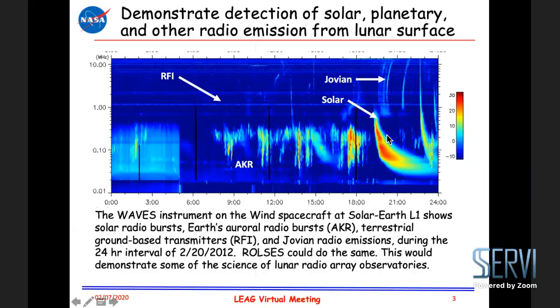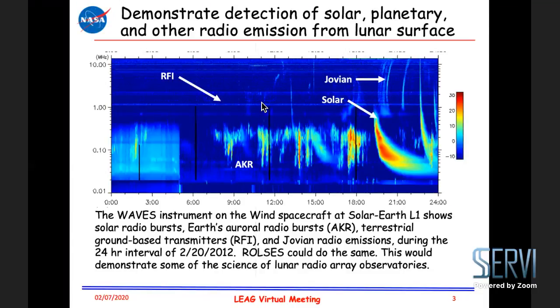You see a solar type 3 radio burst there. You see emission from Jupiter, and ROLSES should see these things. In addition to, well, at this point, WIND is at solar Earth L1, so it's farther than the moon. So the radio frequency interference from Earth is not as intense as it is at the lunar surface, which will be addressed in a moment.